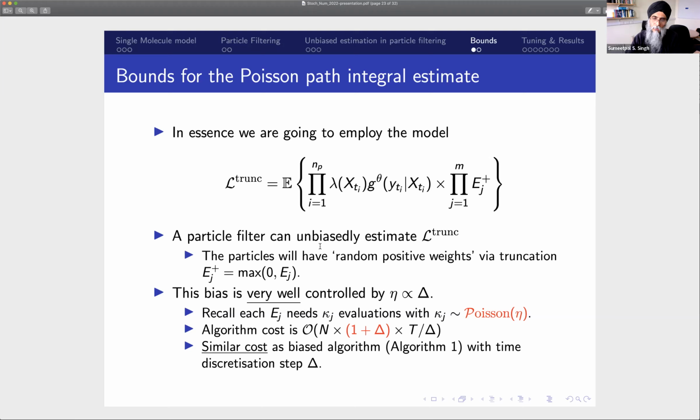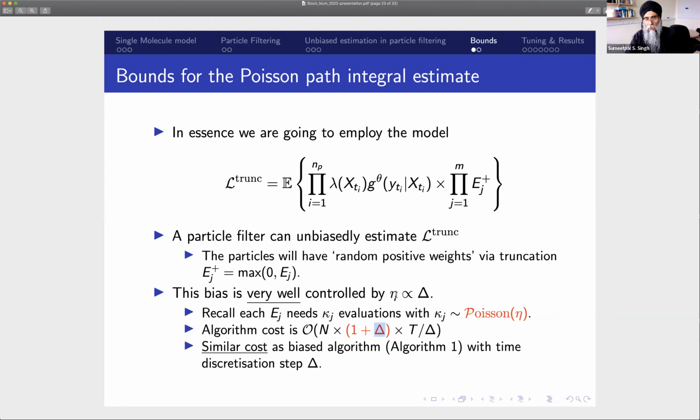Okay. But before I tell you that, let me just say that the algorithm that we conceive doesn't collapse. The cost doesn't blow up as a function of discretization, because remember, we chose the amount of simulation to be proportional to delta. So the amount of simulation shrinks with delta, and the overall cost of the algorithm is simulating n particles forwards for t over delta time steps, because we discretize t into intervals of length delta, and this is the extra bit to do with the Poisson estimate.